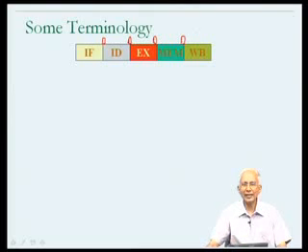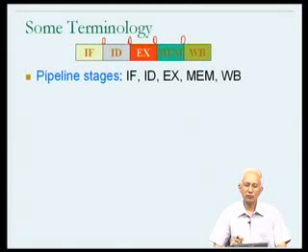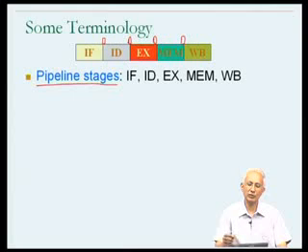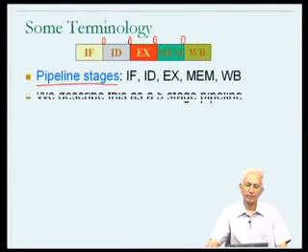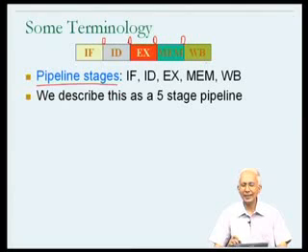But in referring to any one of these pieces of hardware, the most common term used is the pipeline stages, or the stages of the pipeline. So I'll talk about the IF stage, or the instruction fetch stage, the write back stage, or the WB stage of a pipeline. Now, this particular pipeline has 5 stages, and I could therefore describe it as a 5-stage pipeline.